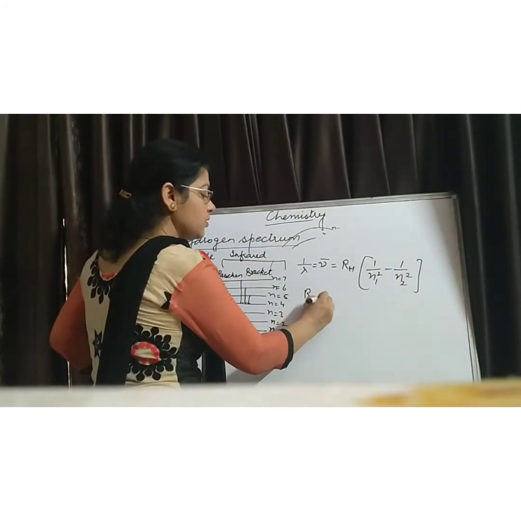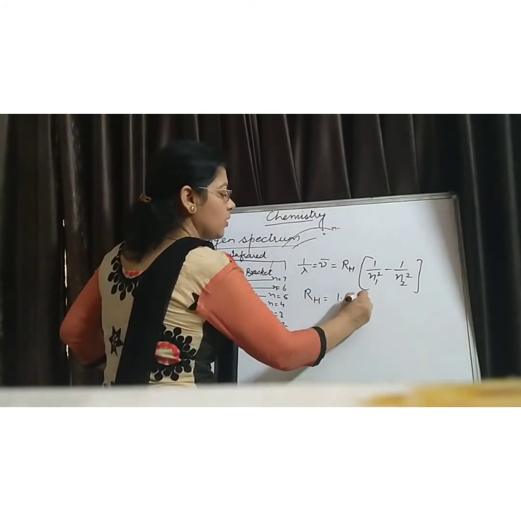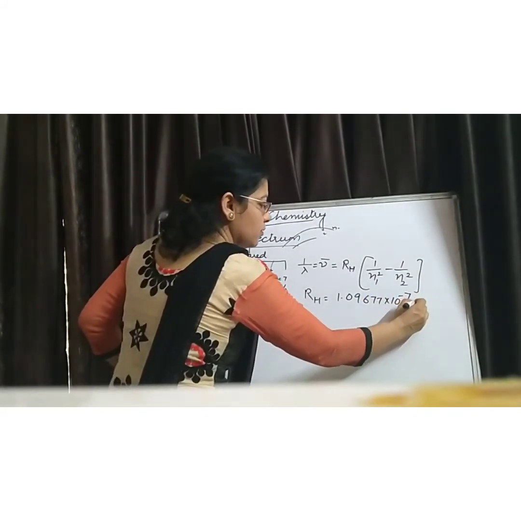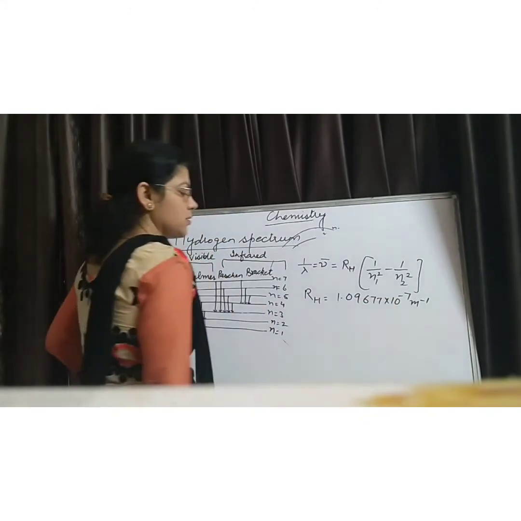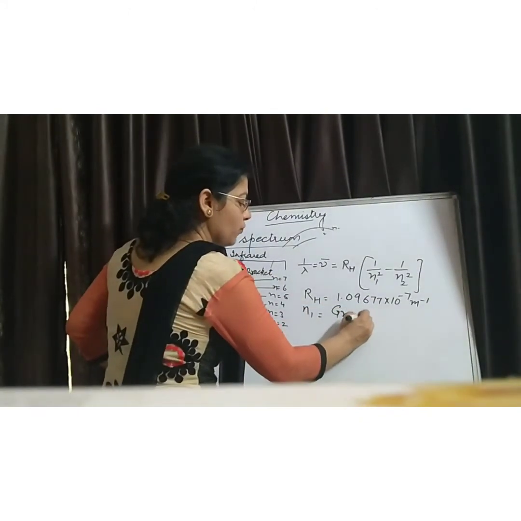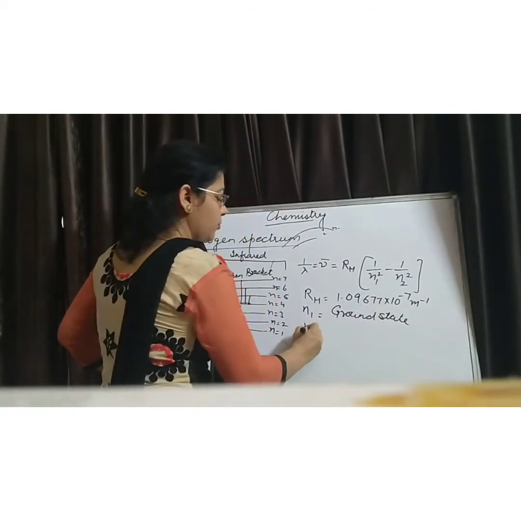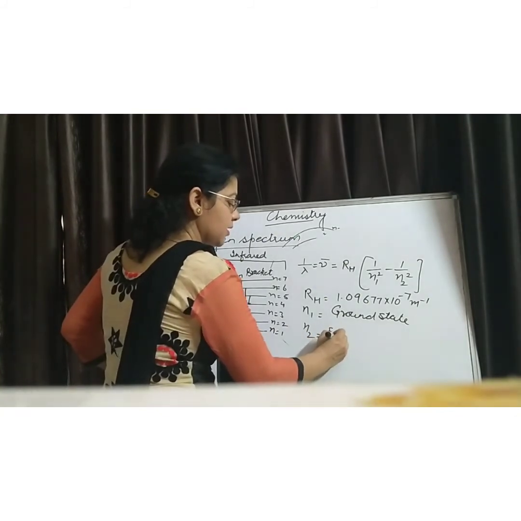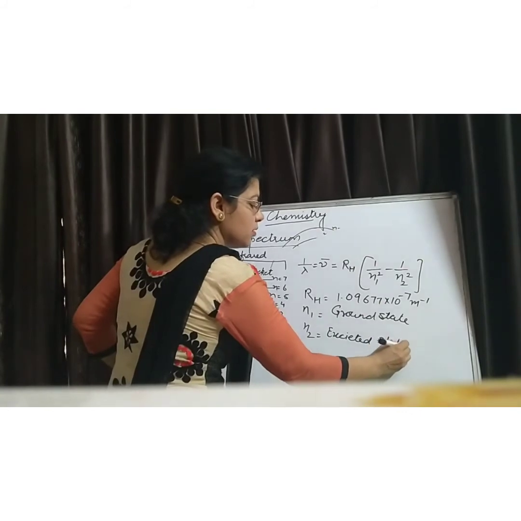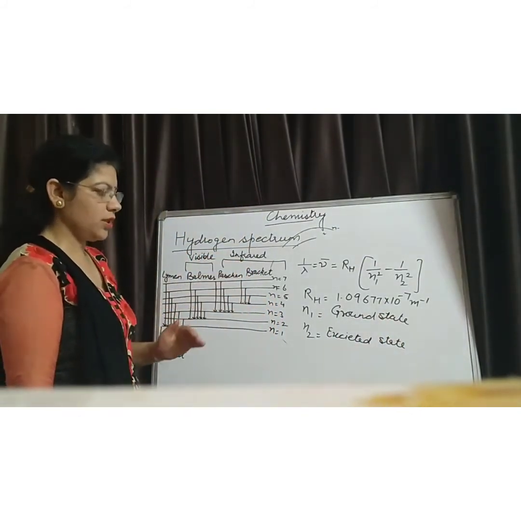As it is a constant, its value is fixed, that is 1.09677 into 10 raised to power minus 7 meter inverse. N1 is the ground state of the electron and N2 is the excited state of the electron from which it jumps to the ground state.